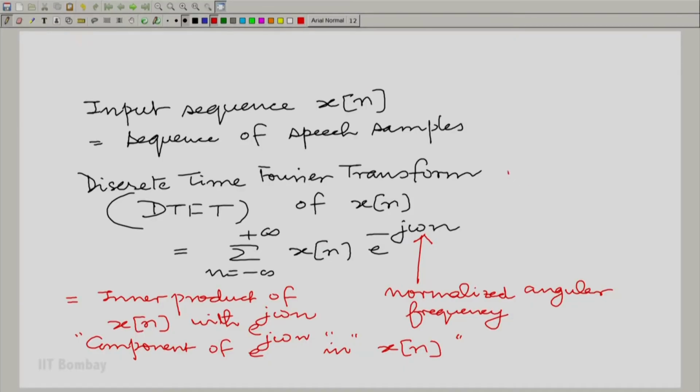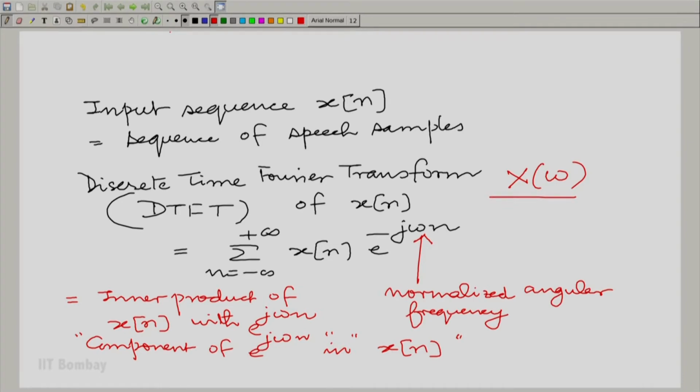In our strategy, we said that pi corresponds to 10 by 2, that is 5 kilohertz, and the maximum speech component is at 4 kilohertz. So, there is a margin there. And the physical interpretation of the DTFT, which we also decided to denote by capital X of omega, is that it tells you how much of e raised to the power j omega n there is in this sequence x[n].